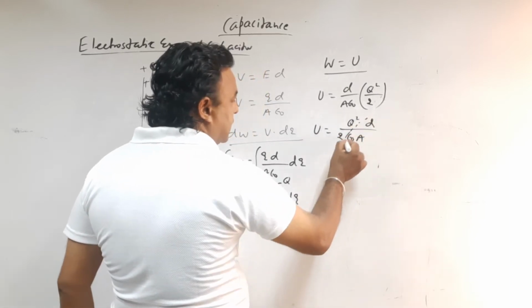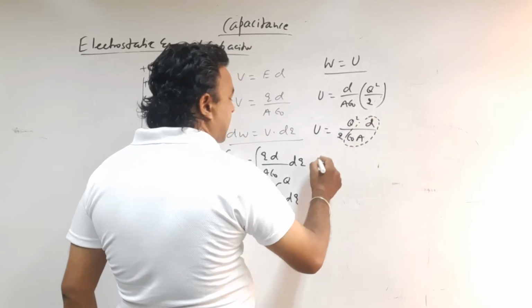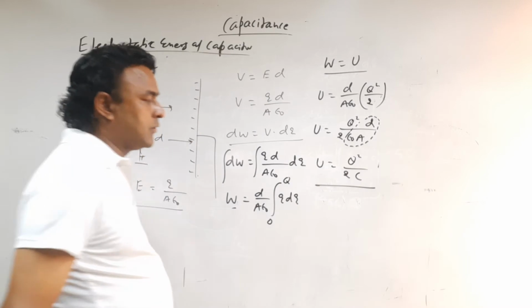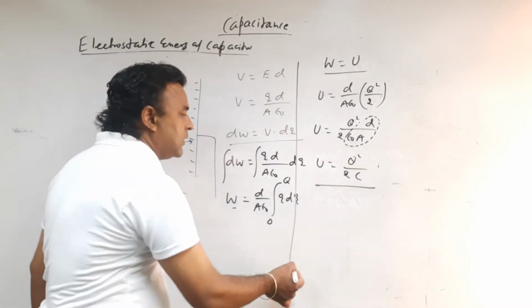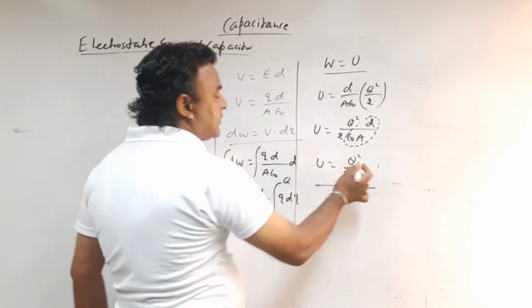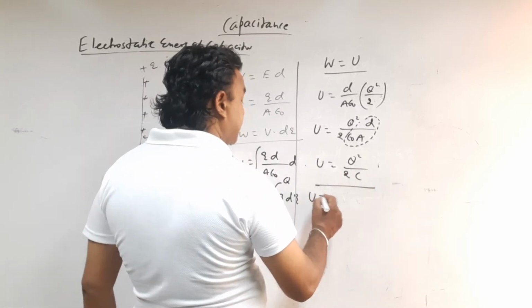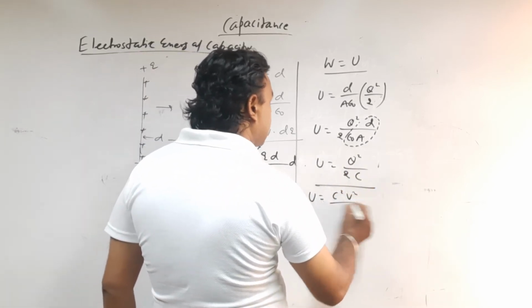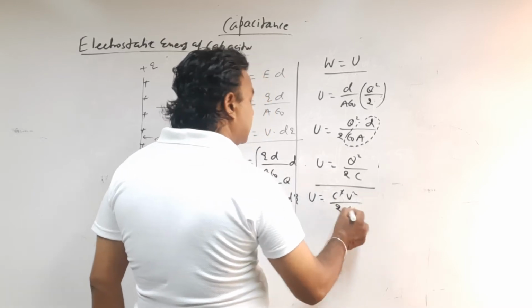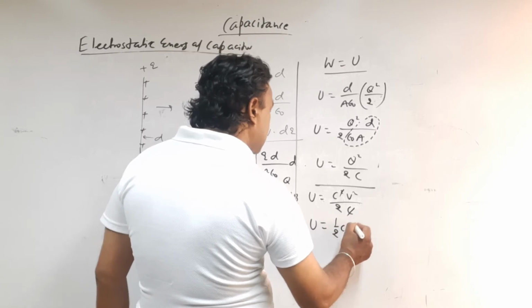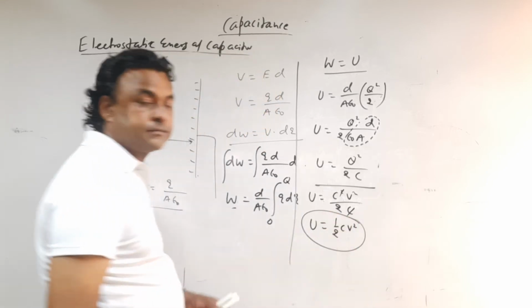Look here, epsilon naught A upon d is C, so it is again Q square by 2C. If in place of Q I place CV, U equals C square V square by 2C, one C cancels, U equals half of CV square.